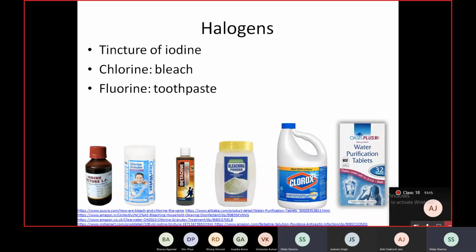Chlorine, another halogen commonly used for disinfection, especially in municipal drinking water and even wastewater treatment plants, with the resulting hypochlorous acid producing the actual antimicrobial effect. And you're probably aware of sodium hypochlorite, which is the chemical component of household bleach. It's also used for disinfecting purposes. And hypochlorite salts are also used to disinfect swimming pools.